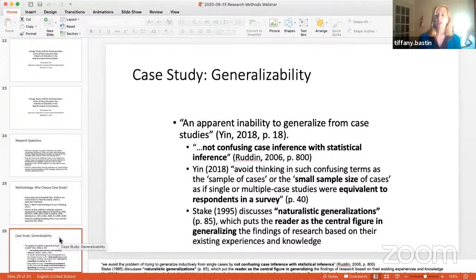So the reader is the central individual to make generalizations or to see where there's commonalities or how the research findings could apply to what you do in your profession. So that's how generalization is addressed in case study.